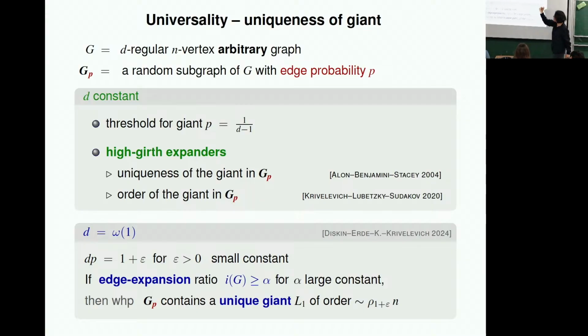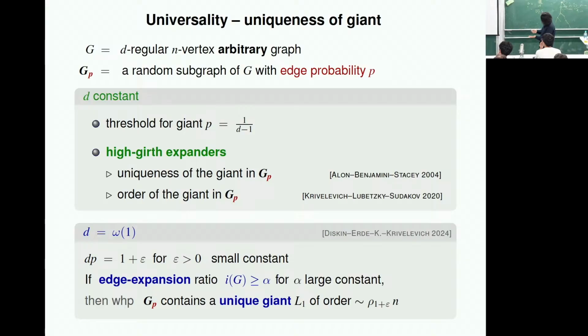Indeed, we can also guarantee that a single constant expansion guarantees a unique giant component of the correct order. This is the survival probability of the Galton–Watson process.